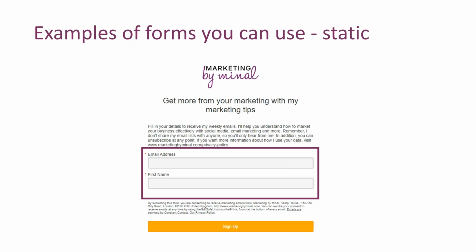Now, when somebody fills in their details here, they don't just go on my list and then nothing happens. I've set up a series of welcome emails, and these go out via email automation. Every time somebody joins that list, a series of emails gets triggered automatically.